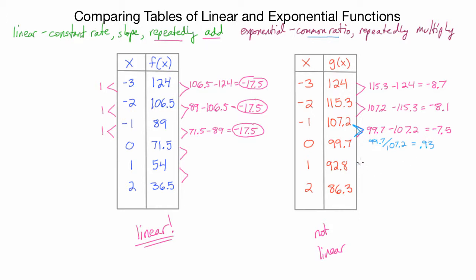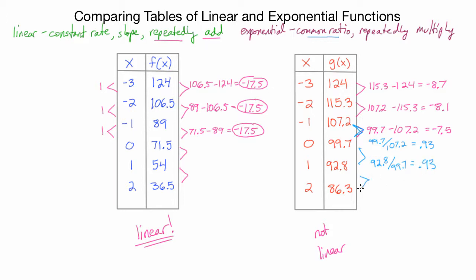All right, let's divide these two consecutive terms. 92.8 divided by 99.7, and I get 0.93 again.